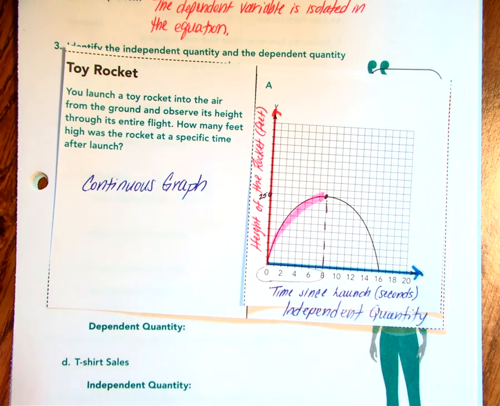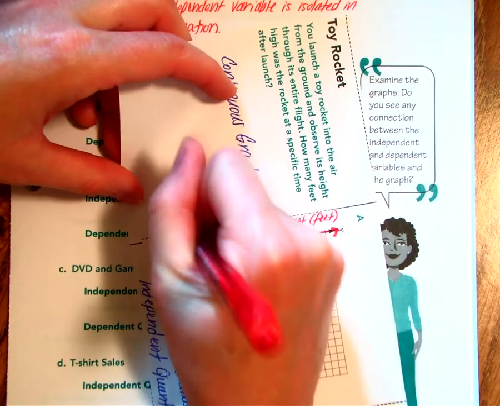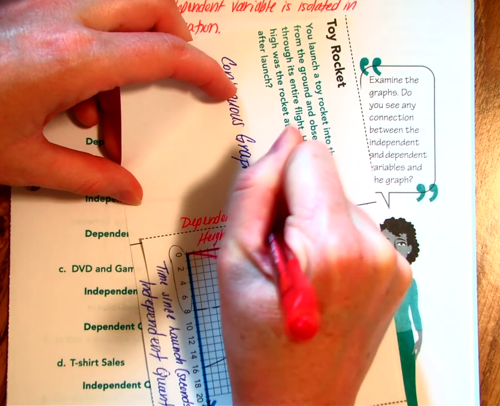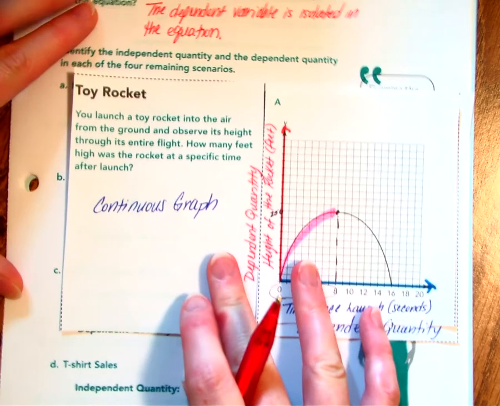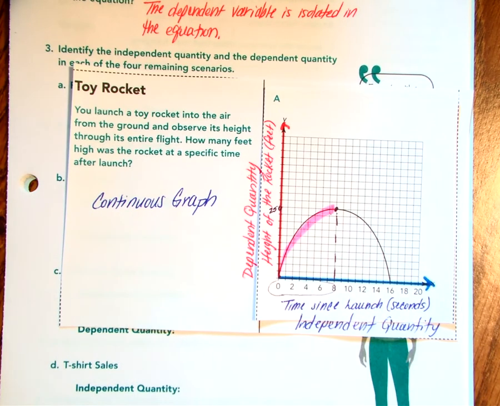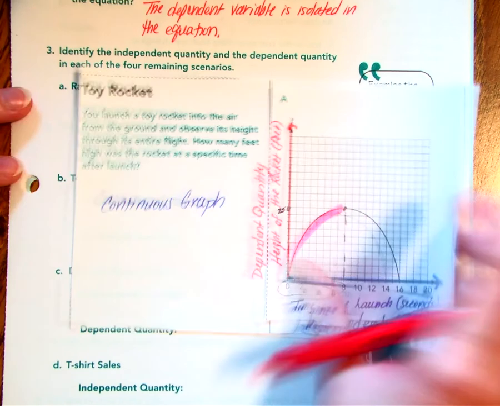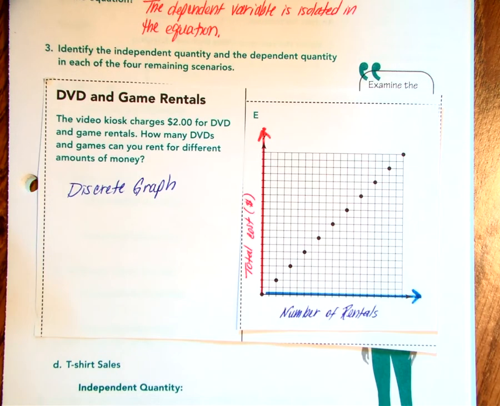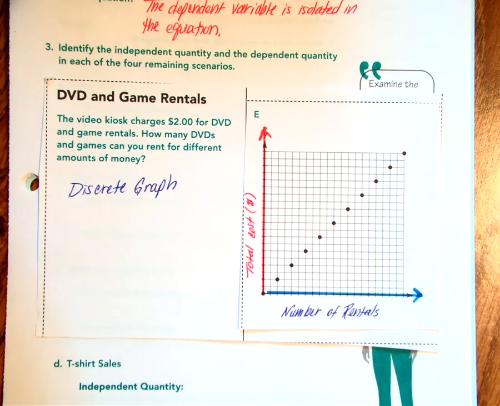That is your dependent quantity. Next up, DVD and game rentals. Your independent quantity is the number of rentals. Your dependent quantity is the total cost. Cost depends upon rentals.